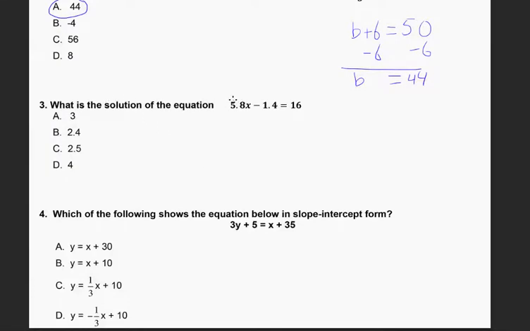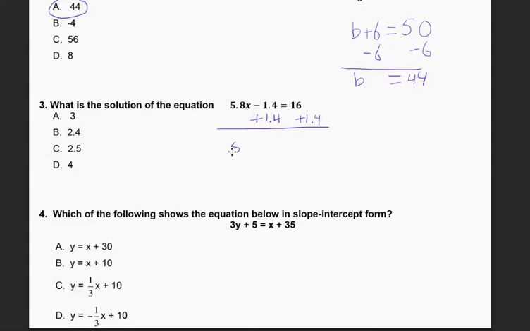What is the solution of the equation 5.8x minus 1.4 equals 16? The operations happening to x are it is being multiplied by 5.8 and then subtracted by 1.4. So I'm going to do the inverse operations and add 1.4 to both sides of my equation.